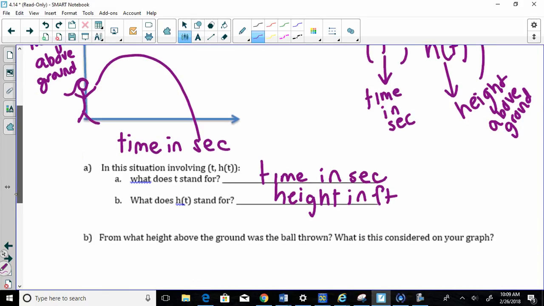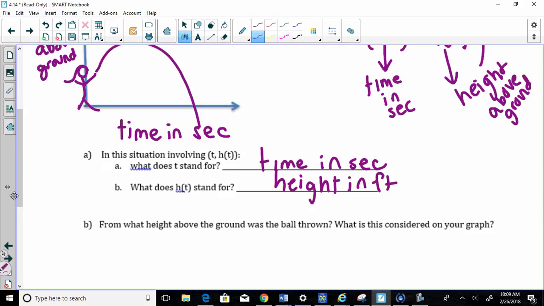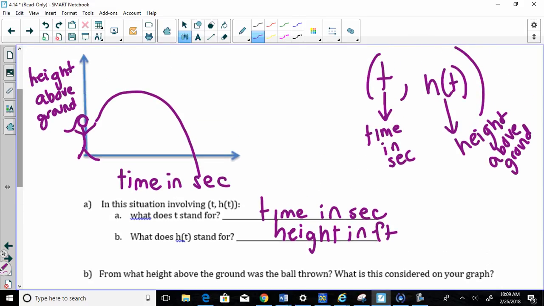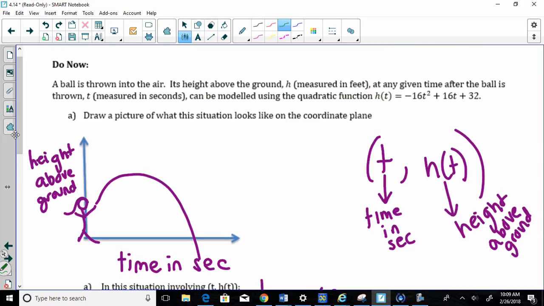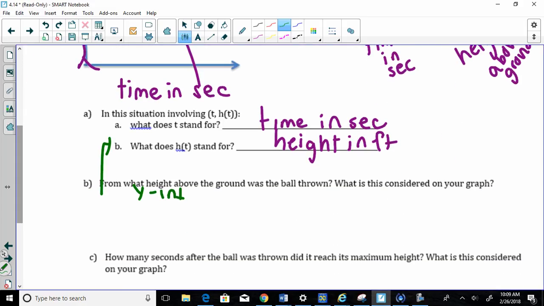Then it says, from what height above the ground was the ball thrown? What would we be looking for? Starting height. For y-intercept. You guys need to understand that that's for y-intercept. And so what is the y-intercept of this function? 32, right there. So she's 32 feet above the ground.